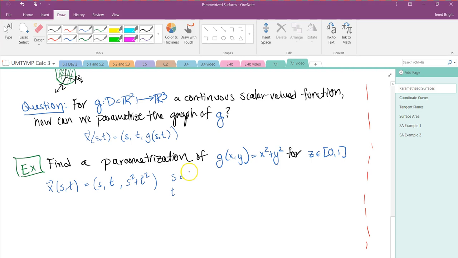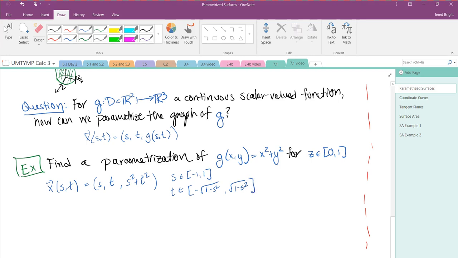So s can be within -1 to 1, because we want z to be between 0 and 1. But then t is actually going to be dependent on s, and specifically, if we know that s squared plus t squared has to equal 1 at most, then the lower boundary is negative square root of 1 minus s squared, and the upper boundary is just the positive version of that.